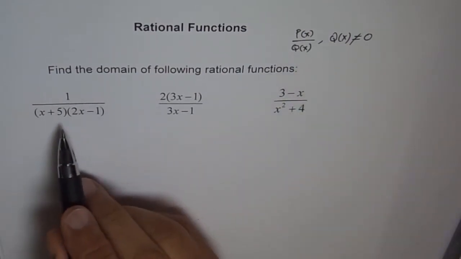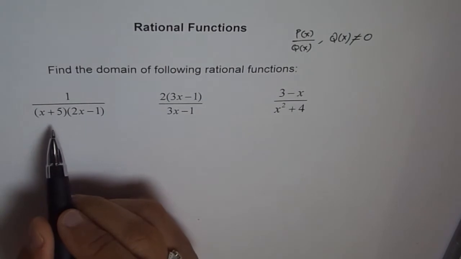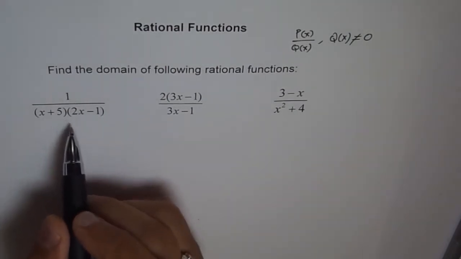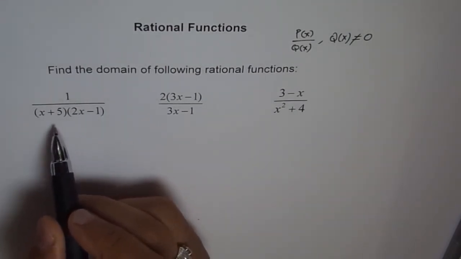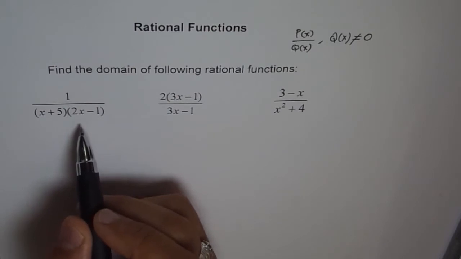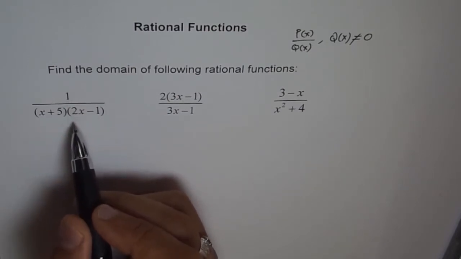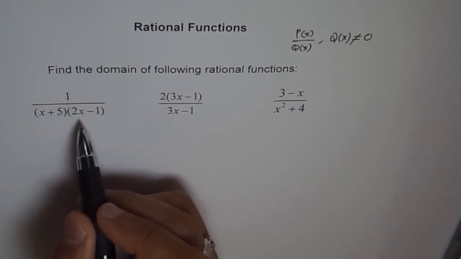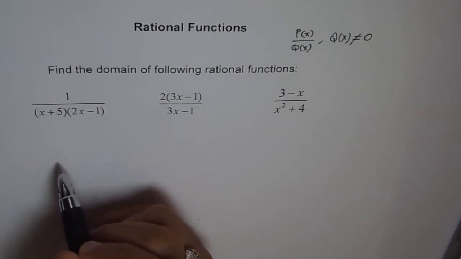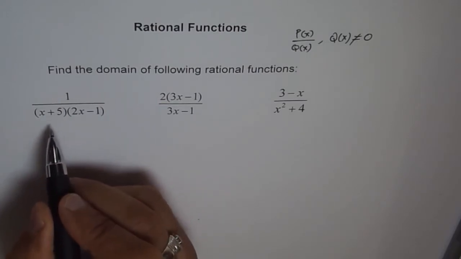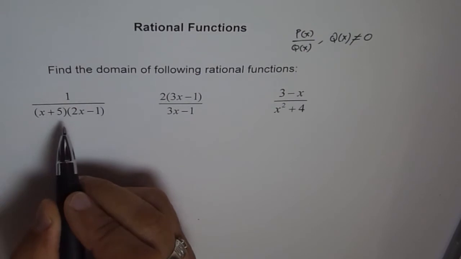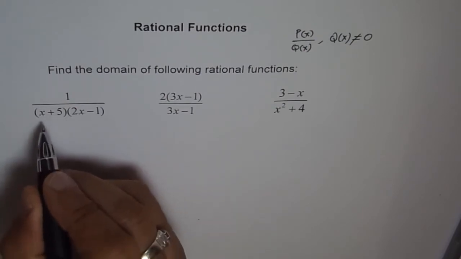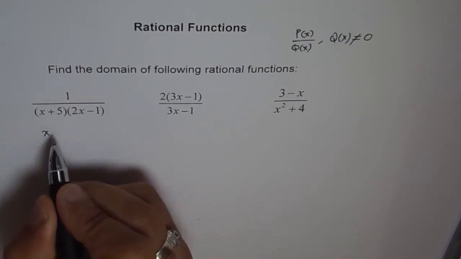Now, the first one: we have these equations in factored form, so we don't really have to do factoring. Sometimes these equations are given in standard form, not factored. To find the domain, we need to find when the denominator is 0.